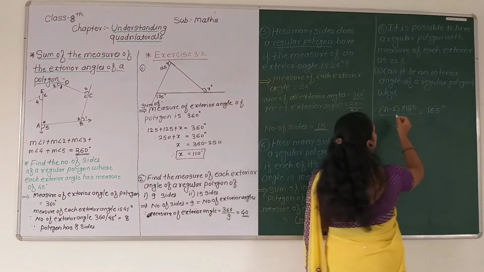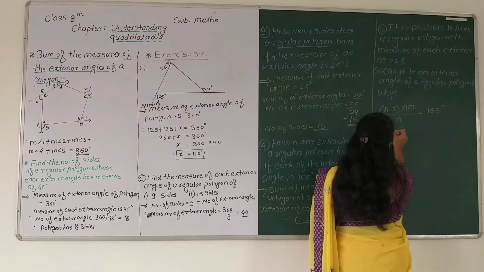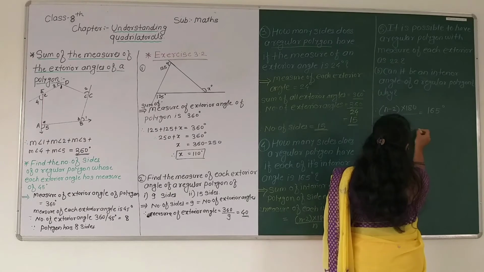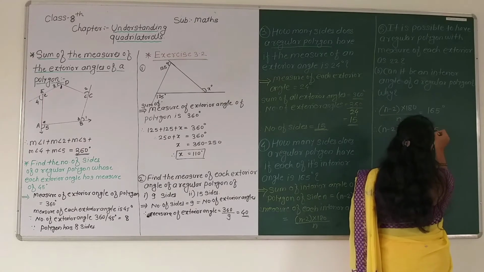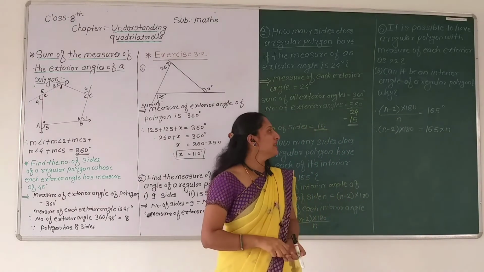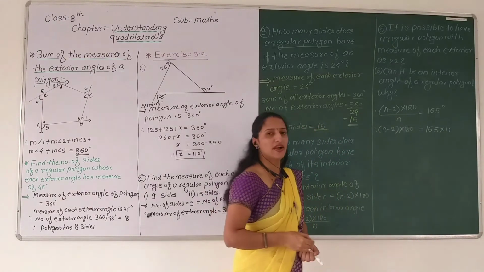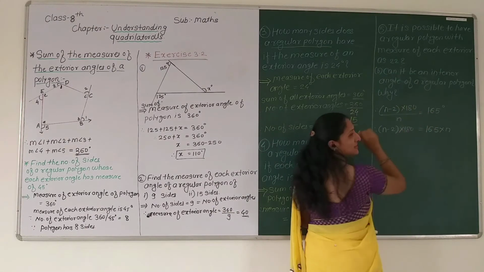Here, first we take cross multiplication. That is, n minus 2 into 180 is equal to 165 into n. Now multiply 180 with this bracket.